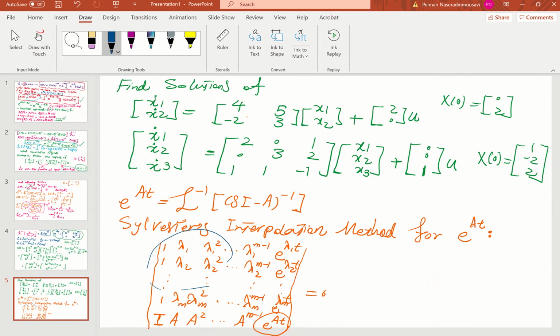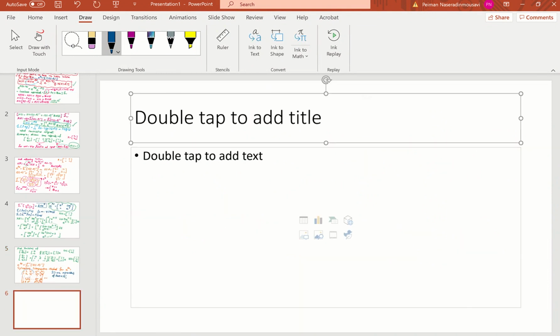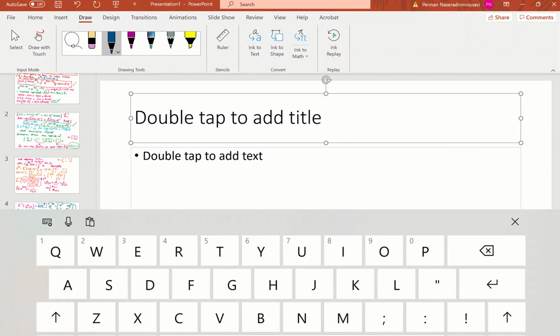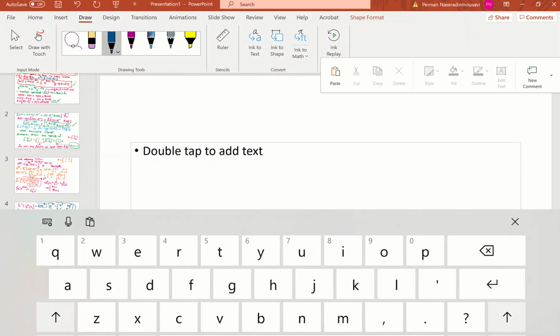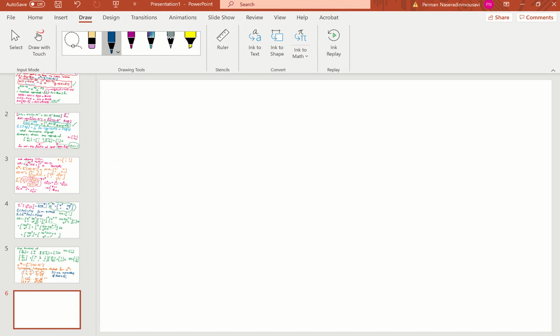These lambdas are the eigenvalues of matrix A. Okay, so let me do it by an example. How to do it?